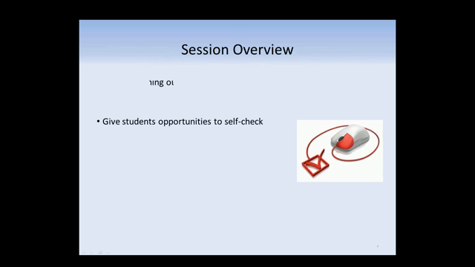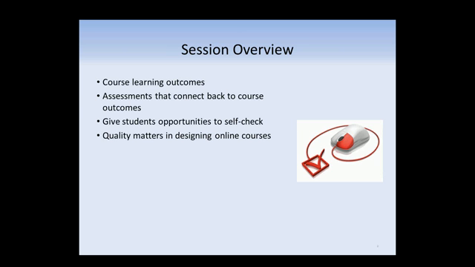In this session, we're going to go over a few things. One thing we're going to talk about is learning outcomes or objectives, and then how we design assessments that go back with those objectives. These are things that Quality Matters looks for when they do a review, so it is good to talk about these items. An important part when you're designing a course is to have self-check mechanisms built throughout the course.